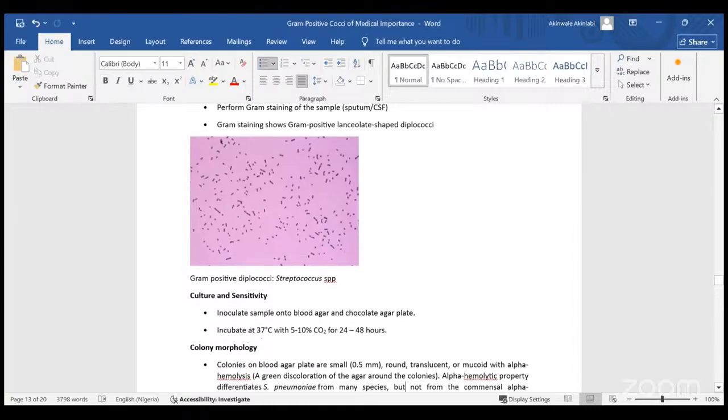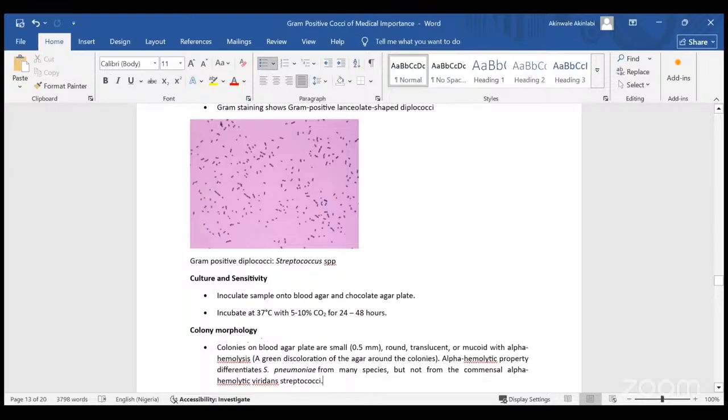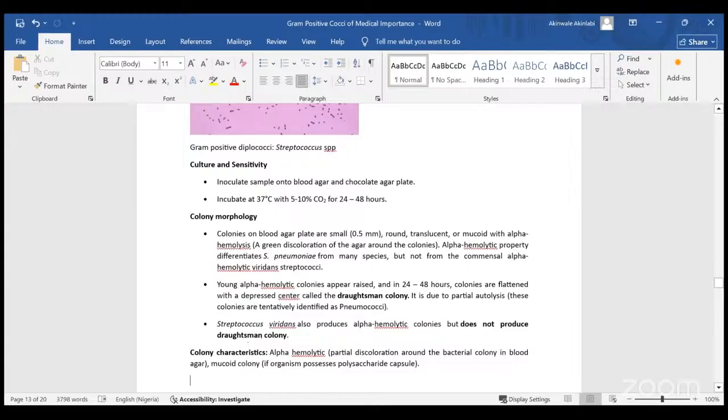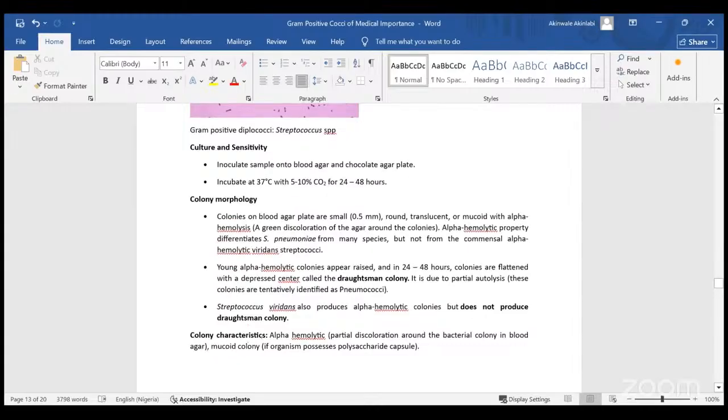For culture and sensitivity, you can culture them on blood agar and chocolate agar, especially enriched with 5 to 10% carbon dioxide for 24 hours or more. We can incubate them for 48 hours. If they are not coming up the way you wanted, you can further incubate for another 24 hours.